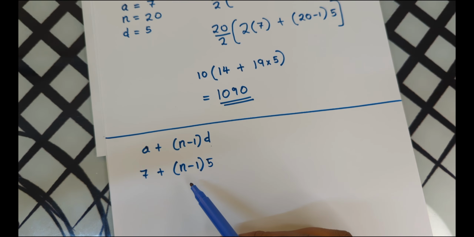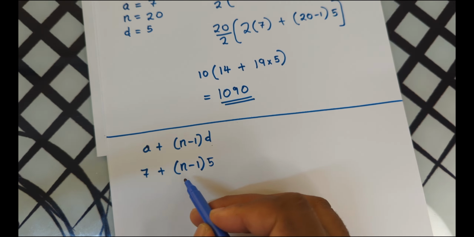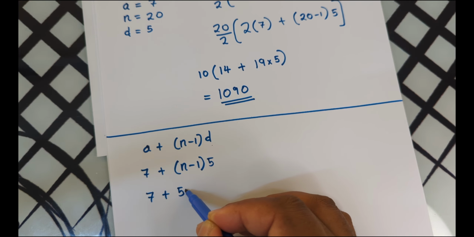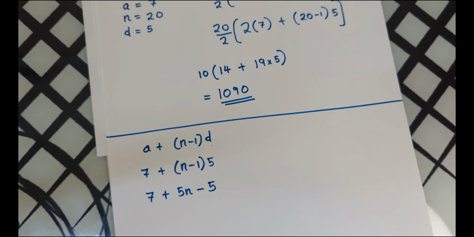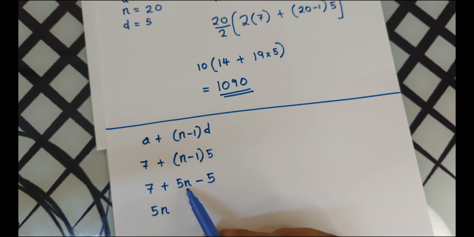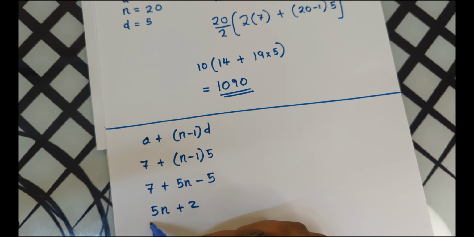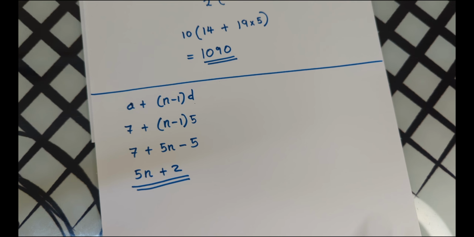So let's not replace the value of n, because now we want the general formula of this arithmetic sequence. So let's simplify this. This one will be 7 plus 5 multiplied by n, that's 5n, minus 1 multiplied by 5, that's negative 5, and rearrange and simplify, it will be 5n, 7 minus 5, that's positive 2. So this is our general formula for our arithmetic series.